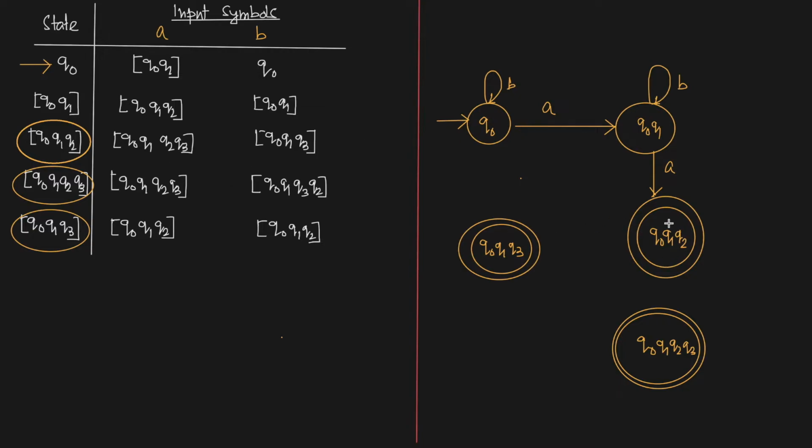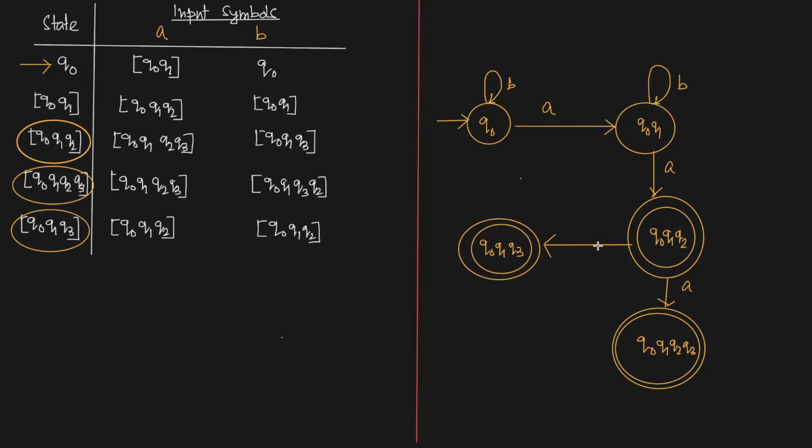Next, Q0 Q1 Q2. Q0 Q1 Q2 on A goes to Q0 Q1 Q2 Q3. Q0 Q1 Q2 on B goes to Q0 Q1 Q3.